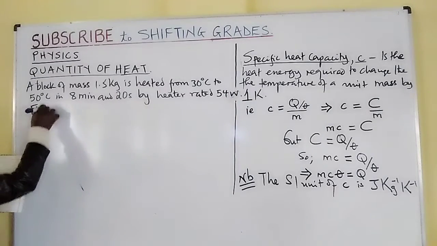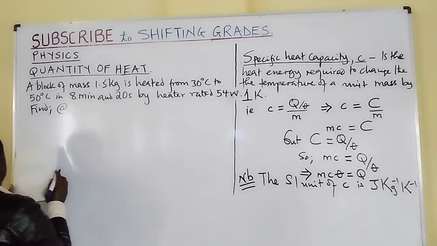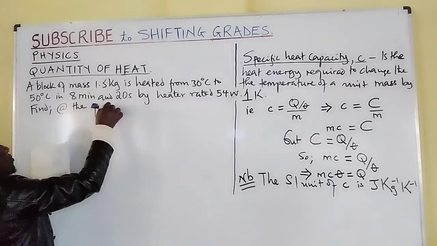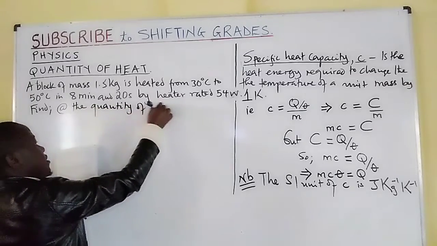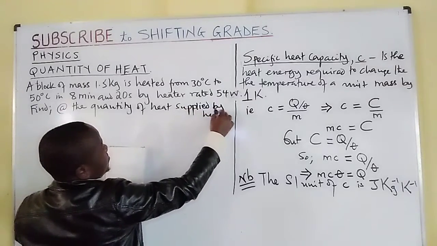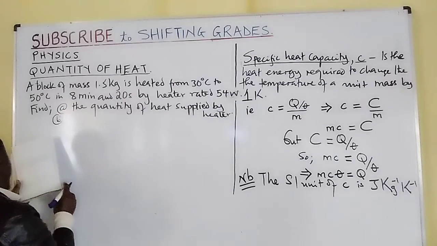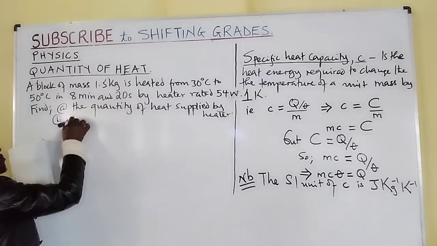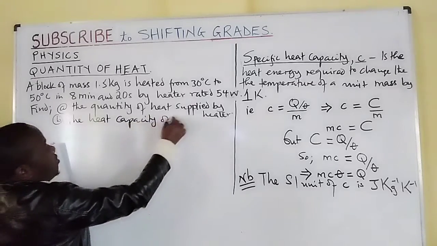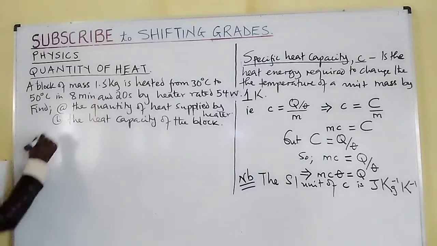Find part A, the quantity of heat supplied by the heater. Part B, the heat capacity of the block.